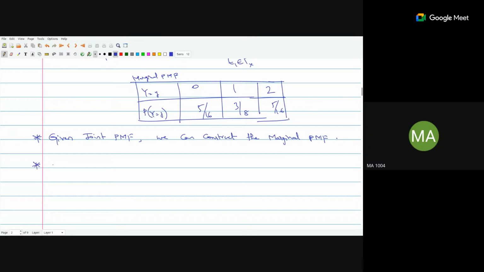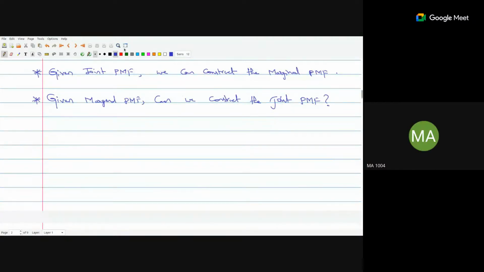So given the marginals, my question is, can we construct the joint? Not necessarily. So the answer is no. Only when independent we can. Only for independent variables you can construct it, or else no.